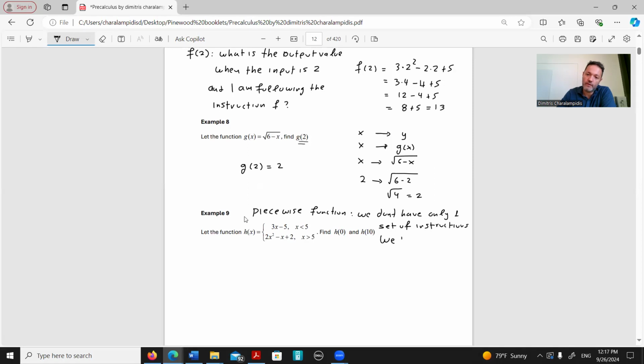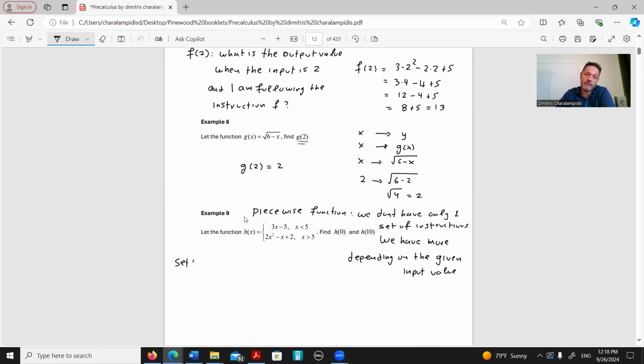We have more, depending on the given input value. Now, let's see. We were told that h of x should be 3x minus 5 when x is less than 5, and 2x squared minus x plus 2 when x is greater than 5. Here we have two sets of instructions.